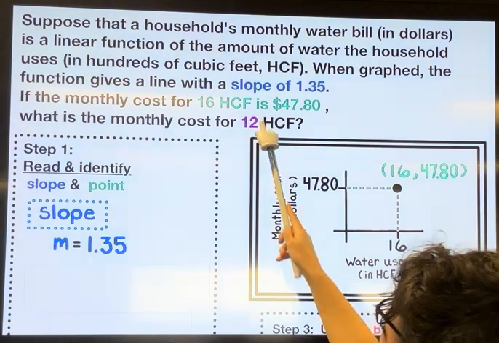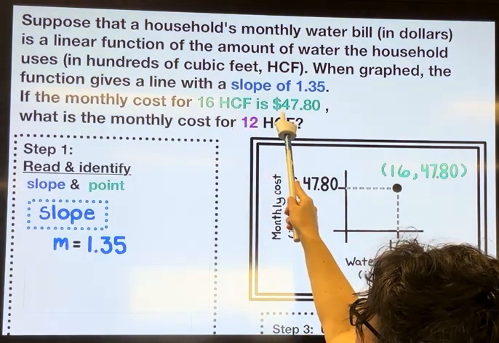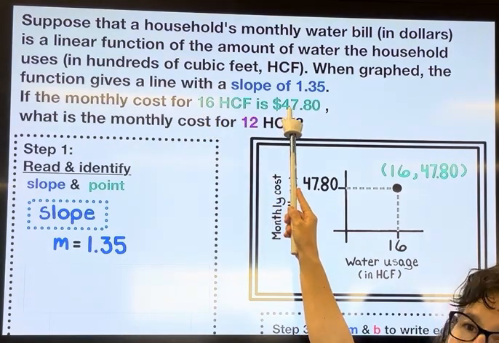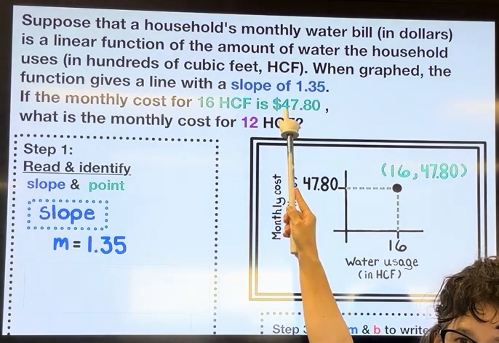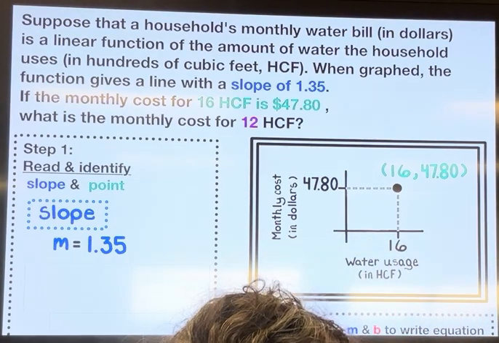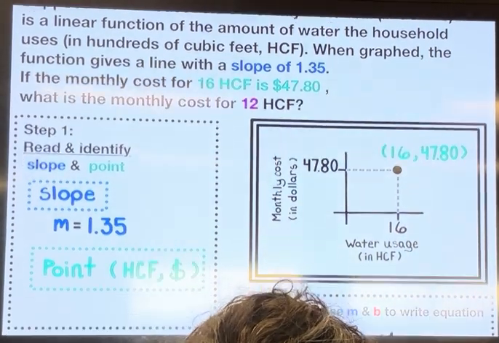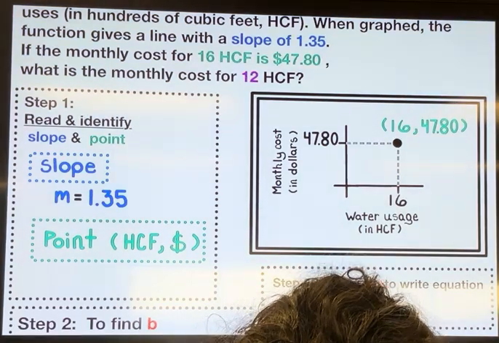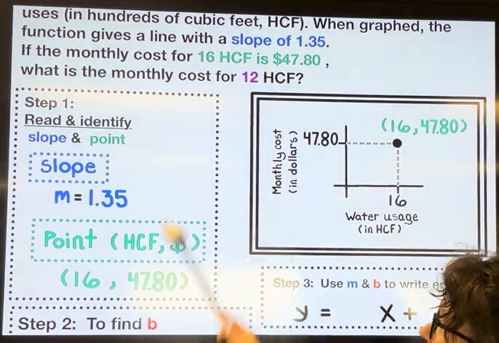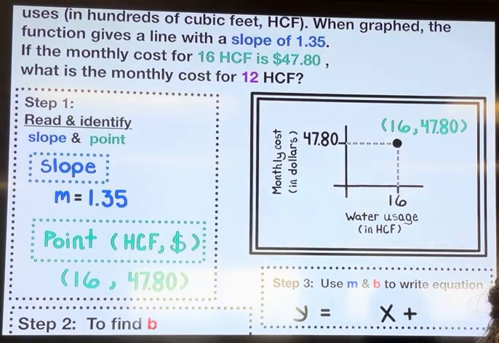So this sentence, HCF and dollars, this is the x coordinate and this is the y coordinate, and they handed us a point. So the point, knowing that it's HCF, comma, money, I've written that down as a point instead.